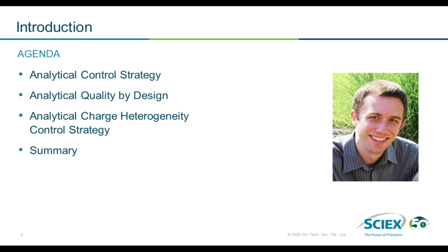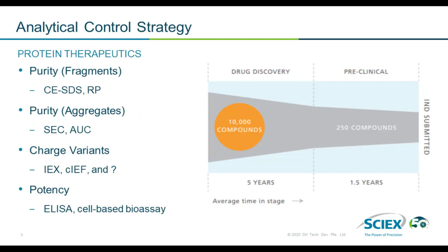Because without quality in our method, we don't have a method, because everyone would always question the result. And after that, we'll do a deeper dive into charge heterogeneity method development, focusing on finding that widely applicable charge variant analysis method. We'll follow that with just a brief summary.